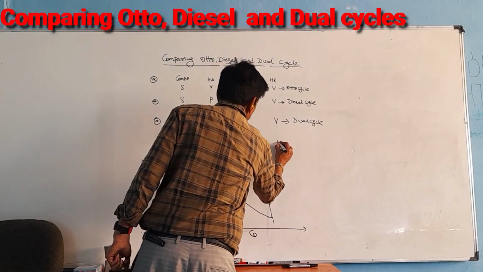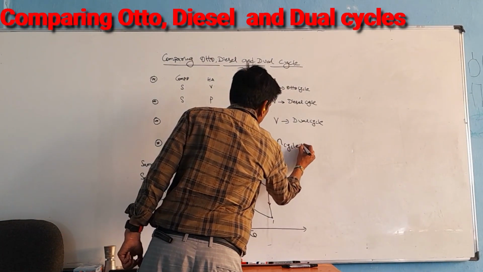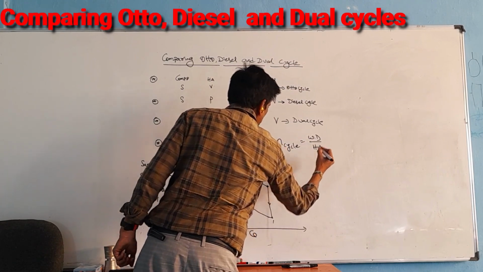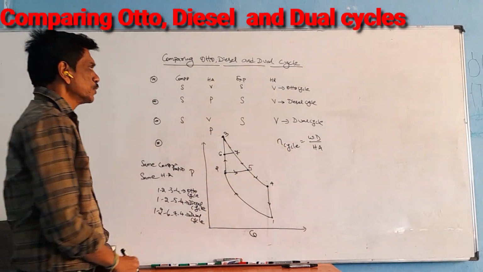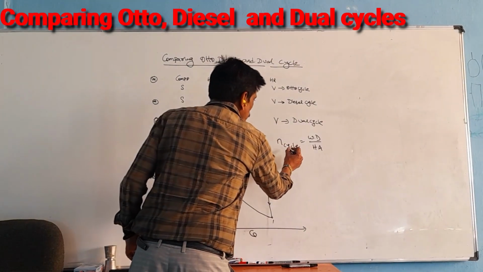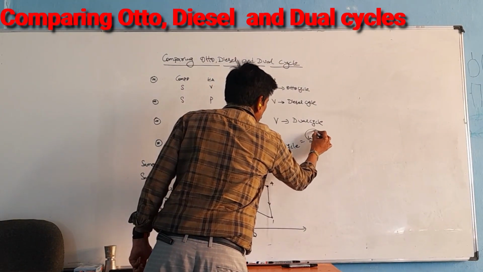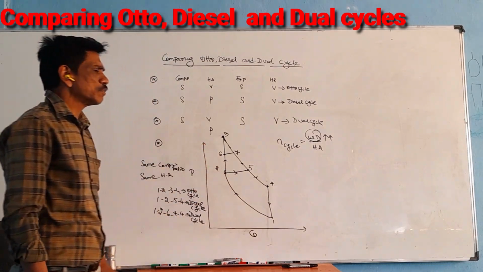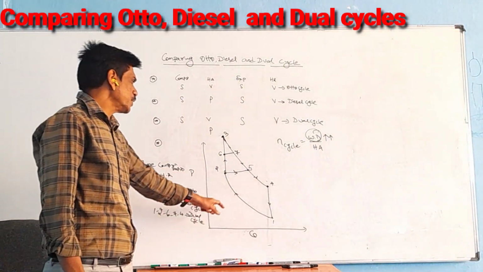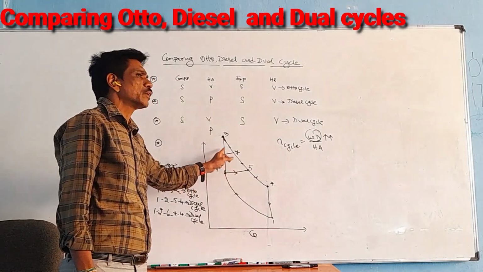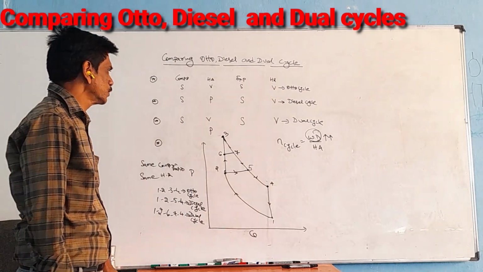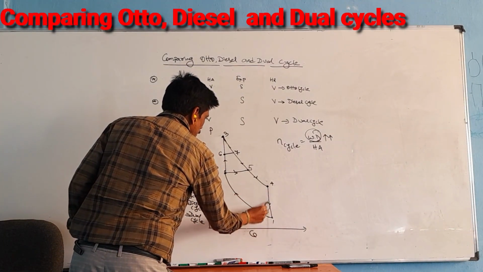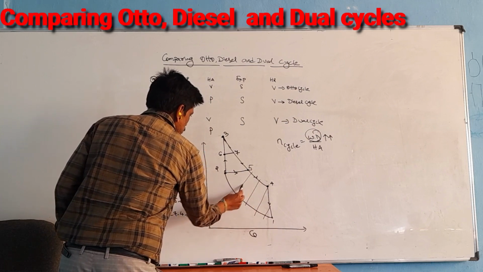The efficiency of the cycle is nothing but the work produced over the heat addition. If you want more efficiency, the numerator should be high, so in which case the work done is high. The area within the curve represents the work done. You can see the area for the Otto cycle is this much.